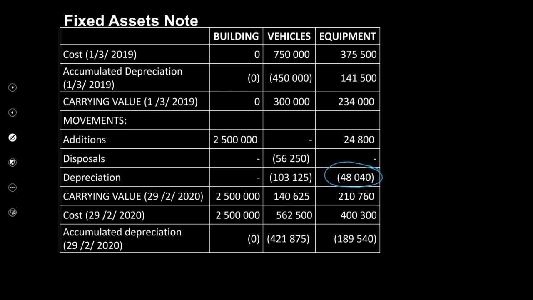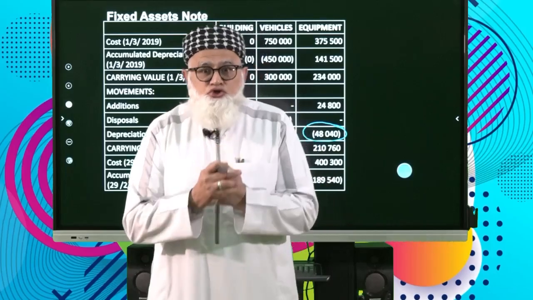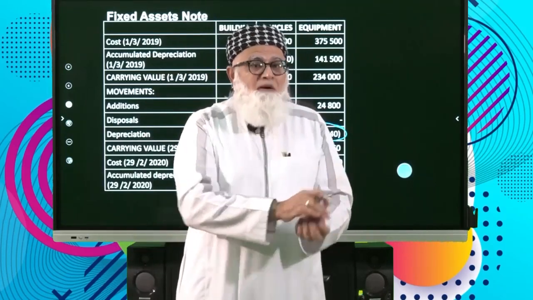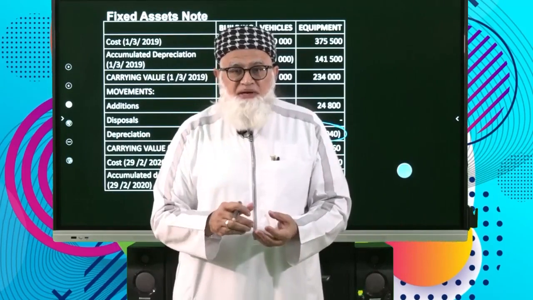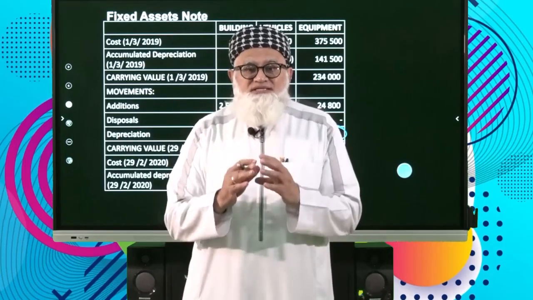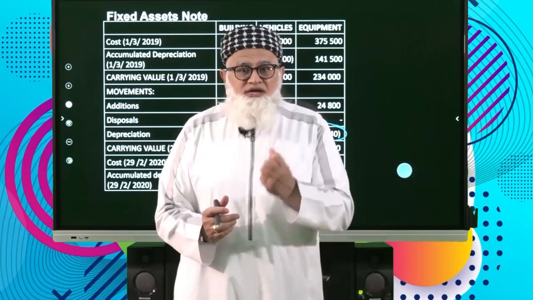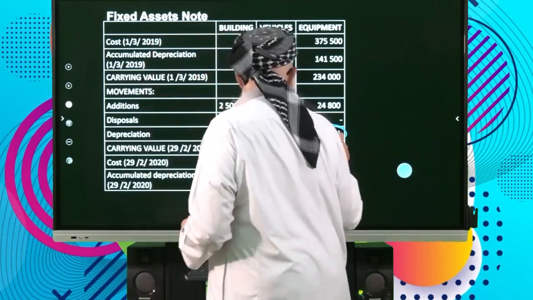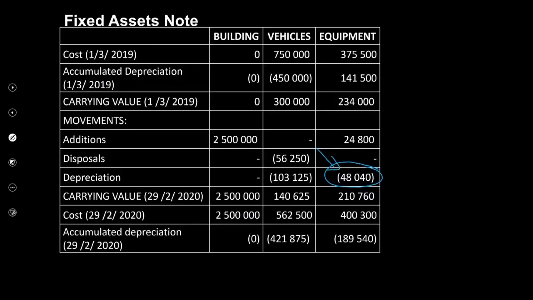I've shown you the actual calculation that we needed to do in terms of the old equipment, plus the new equipment that we had purchased, and therefore you can see that the total depreciation on equipment amounted to 48,040, and we've done a calculation to prove it. So there we go. We now have our opening balance, which was the carrying value at the beginning of the year. Add your addition, minus your depreciation will give you your carrying value at the end of the year.